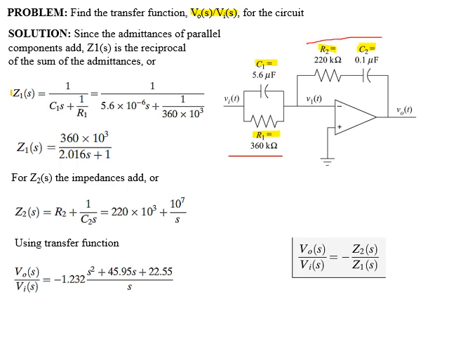Using the relations for parallel and series circuits, we'll find the equivalent impedances Z1 of S and Z2 of S. Then we'll substitute these values in our desired transfer function, which is V0 of S over Vi of S equal to minus Z2 of S divided by Z1 of S.